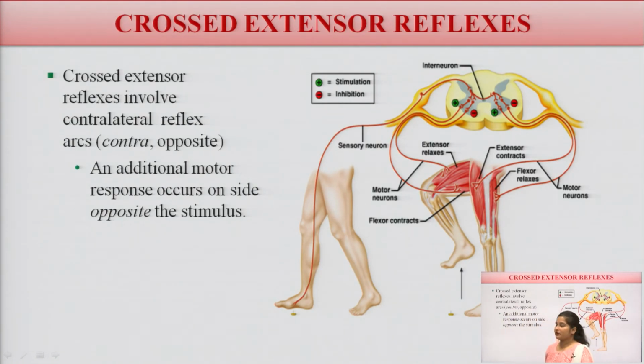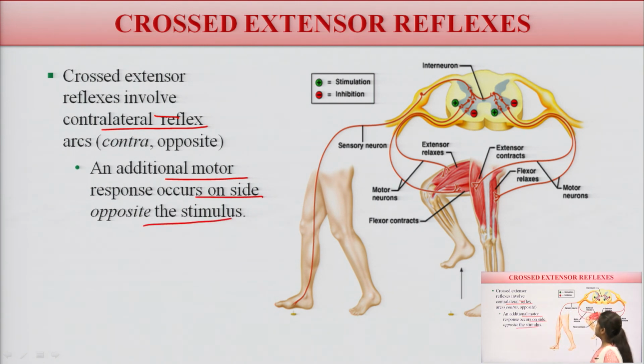Now there is the crossed extensor reflex. These crossed extensor reflexes involve contralateral responses, in addition to motor responses occurring on the opposite side of the stimulus.